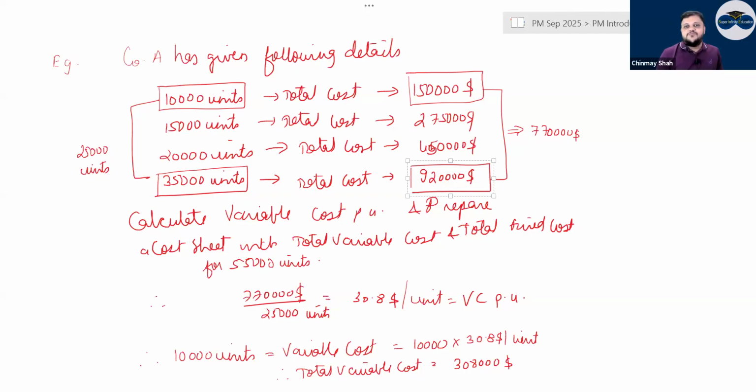That means there are two components here. Not only is there a semi-variable or variable cost here. बराबर है क्या? बोलो. The breakup has to be given for you to understand the semi-variable cost. बराबर बोल रहा हूँ क्या? Tell me. How will you find the variable and the fixed cost in this scenario? बोलो.